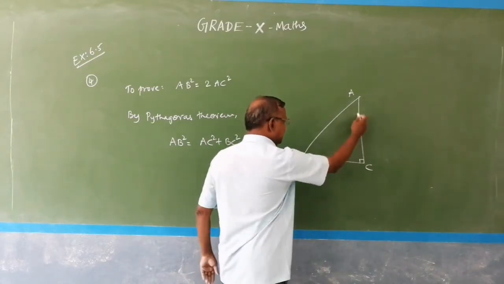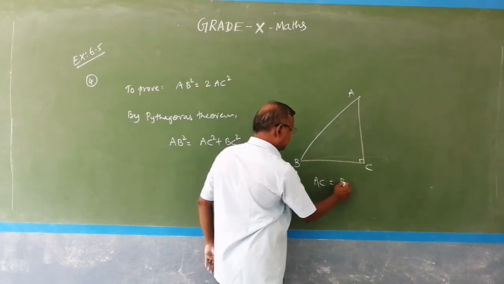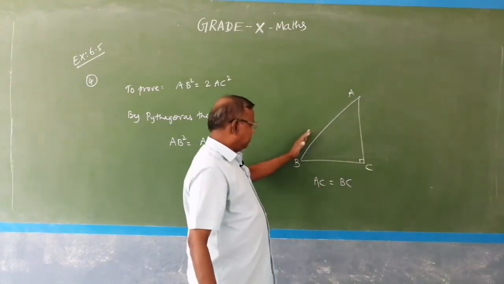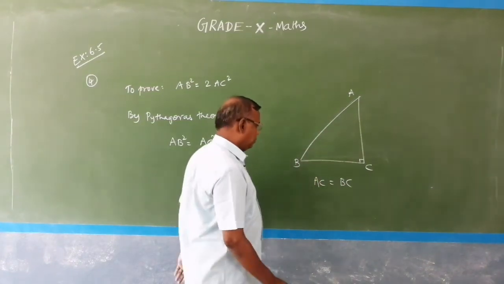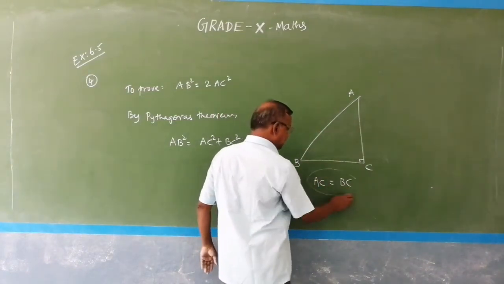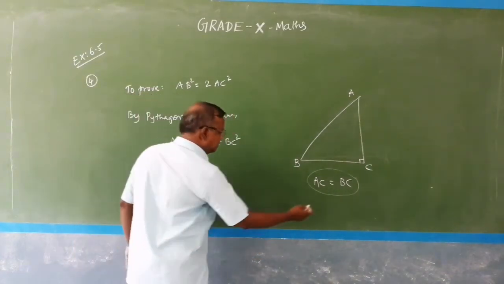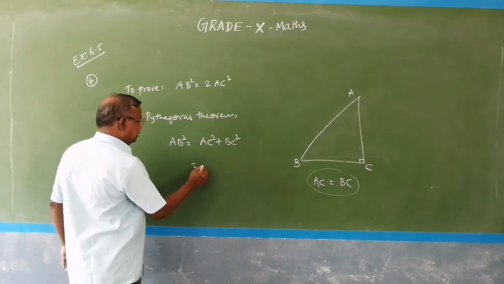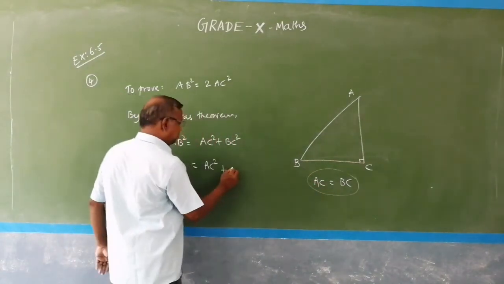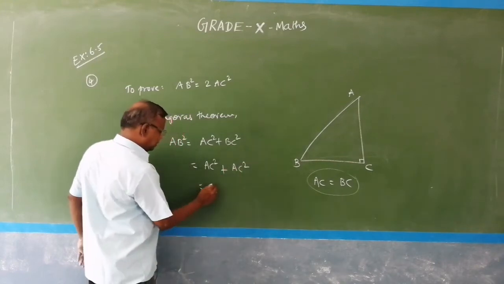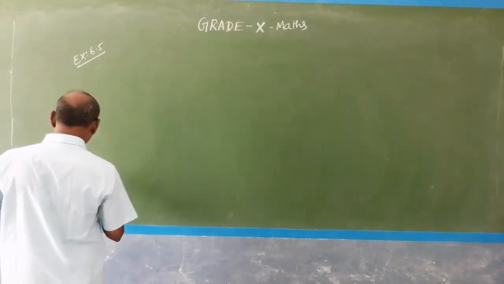Therefore, AC must be equal to BC. So, replace BC by AC here: AC square plus AC square, which is equal to 2AC square. Hence proved.